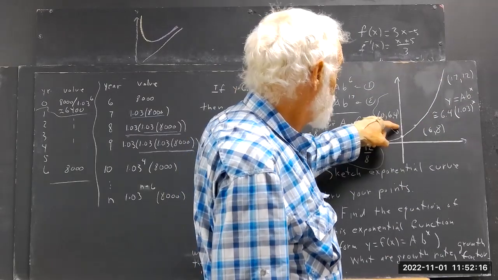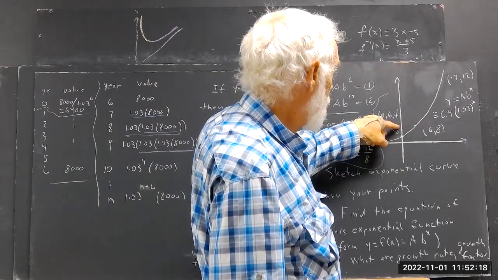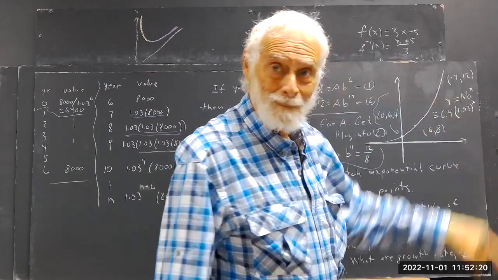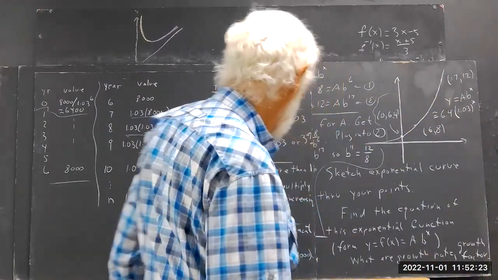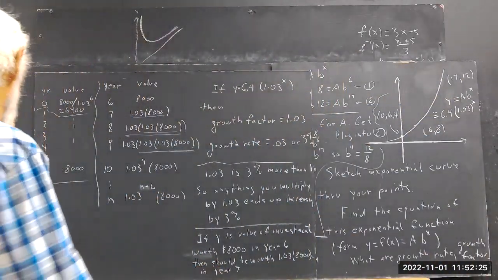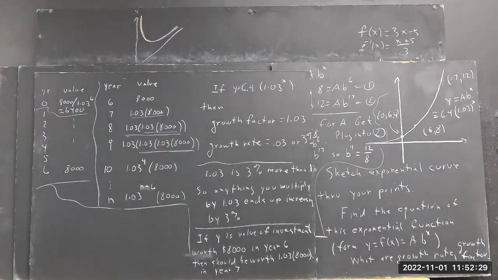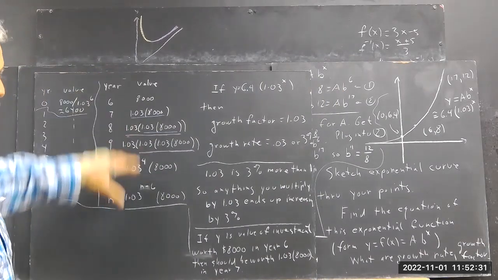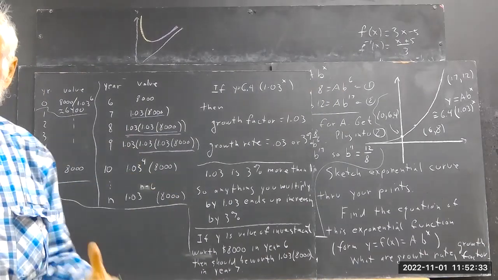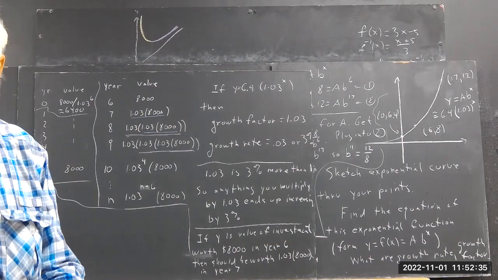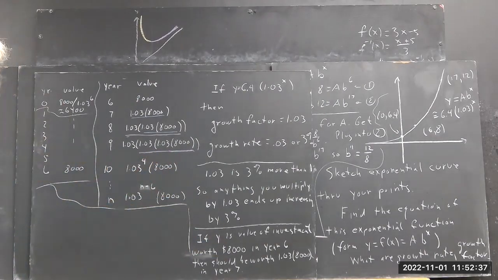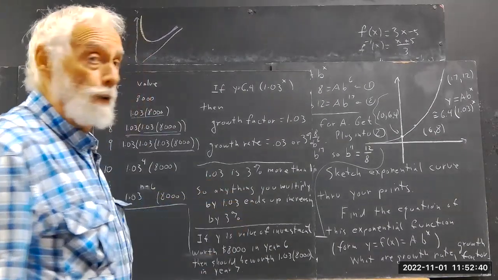But of course, if this is 8, then 12 is only up about here, so the curve would be a lot shallower. Okay, well, all that's kind of getting away from the point. I'm not sure it was a really great idea to do this, but I do want you to see the idea that 1.03 is what you multiply by every year. That's the bottom line. Don't worry about the rest of it. That's why we call that the growth factor.